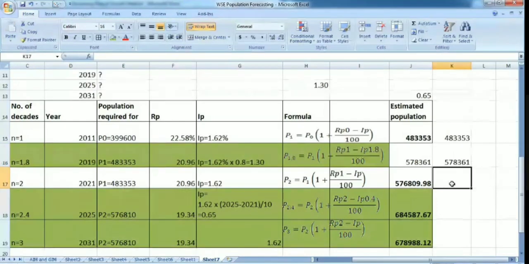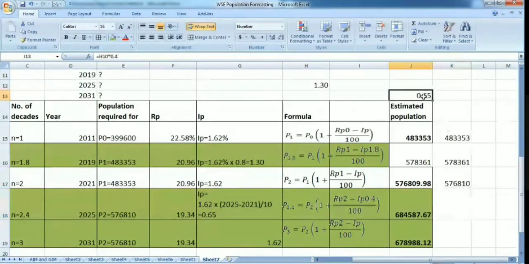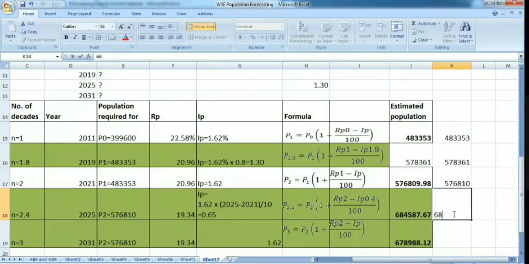This will be 576,810. These are the final values. How much will I get here? 6,84,588. Okay, 6,78,989.